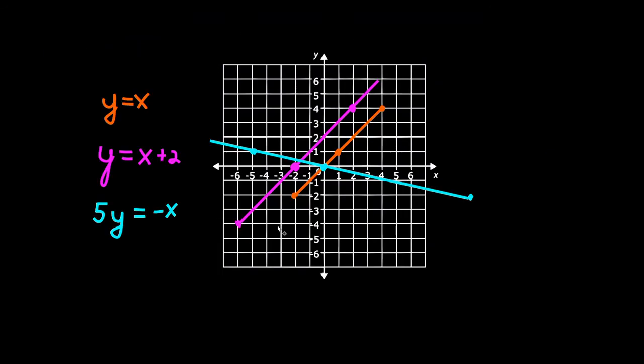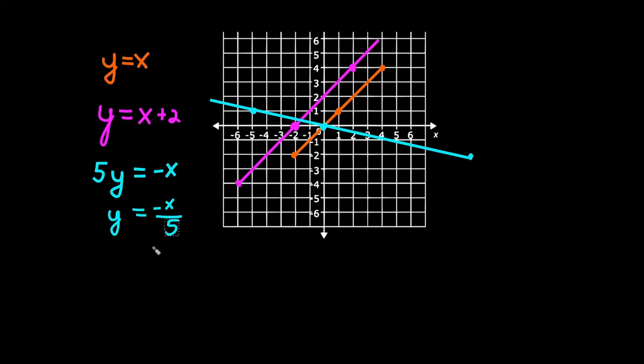As another example of slope, let's return to this diagram and see if you can find the slope of the light blue line. To do this, you can move the 5 to the other side by dividing by 5. You have negative x over 5. If you put the implied coefficient before the x, you have y equals negative 1 over 5 x.